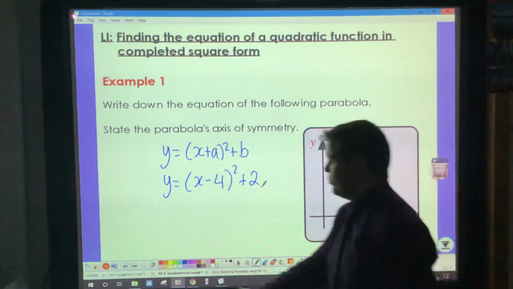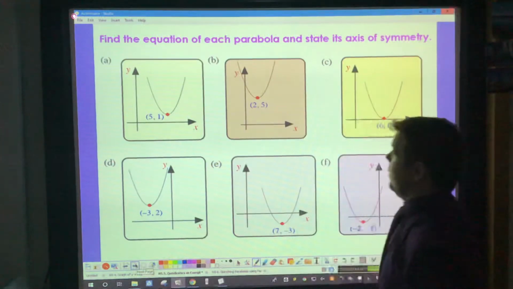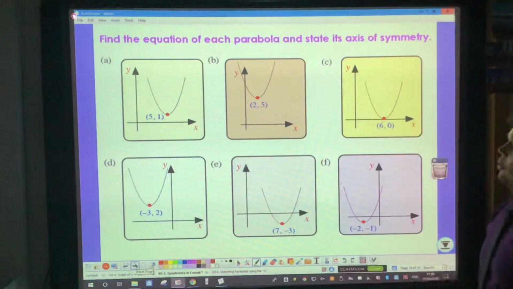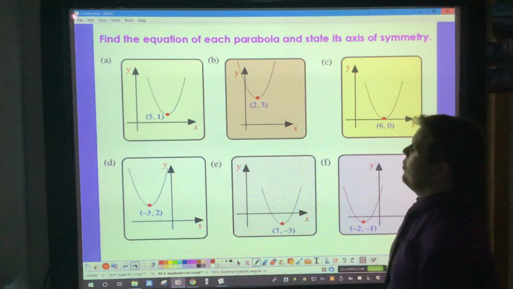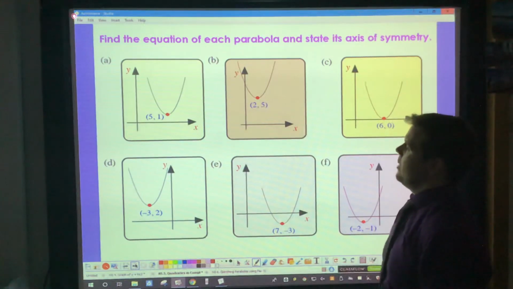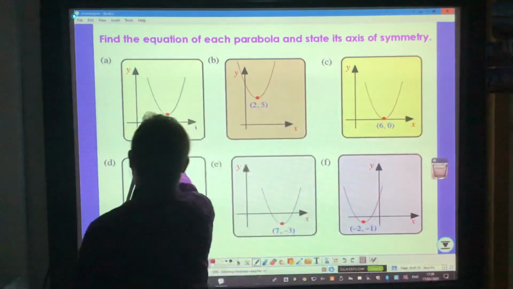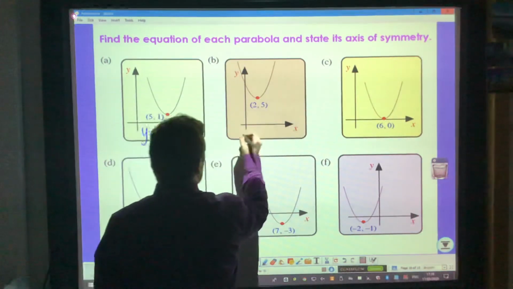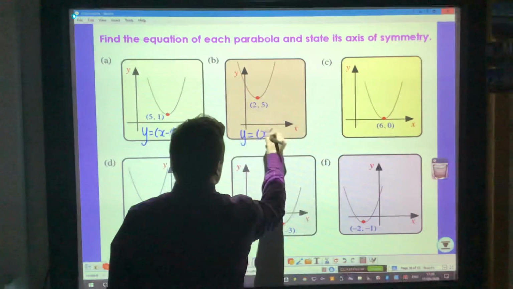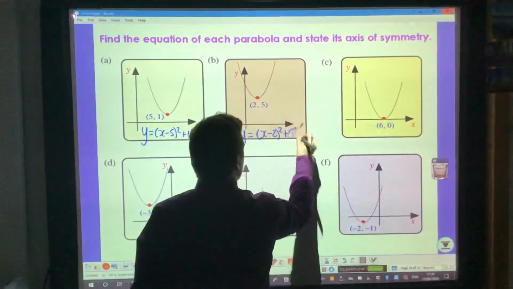Okay, example 2. Oh, sorry, a page of examples. Pause the video and go and have a go at these. They are all of the form y equals x plus a squared plus b. So pause the video for me. Okay, this one is x minus 5 squared plus 1. This is x minus 2 squared plus 5.